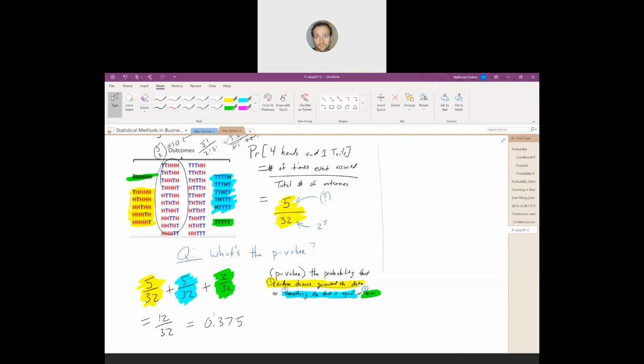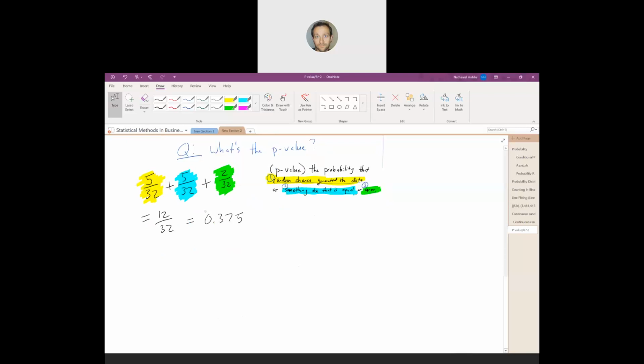But first I just want to make sure that the method of calculating it is clear to everybody. Got it. Okay, great. So this is the p-value of this one event.